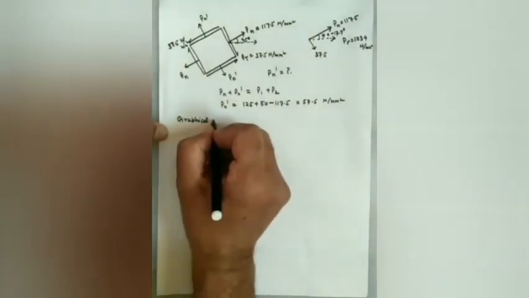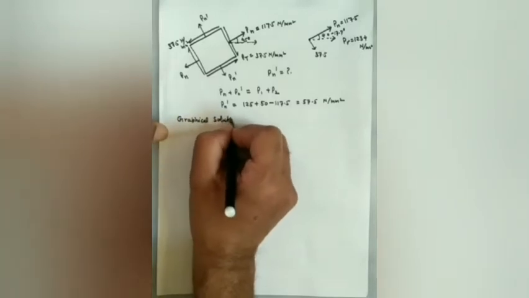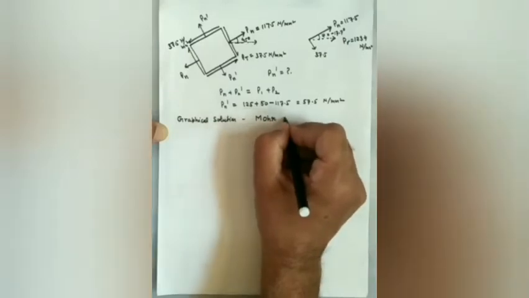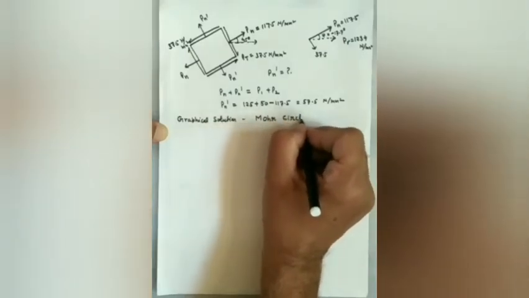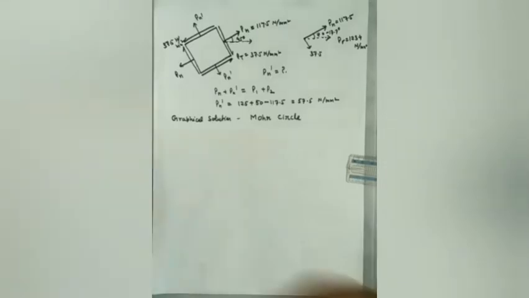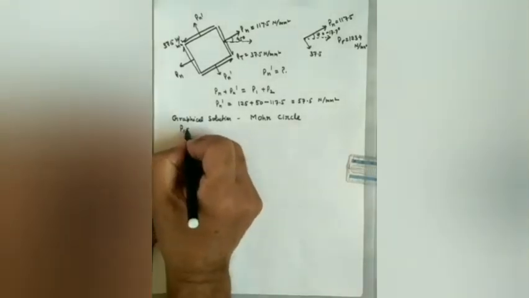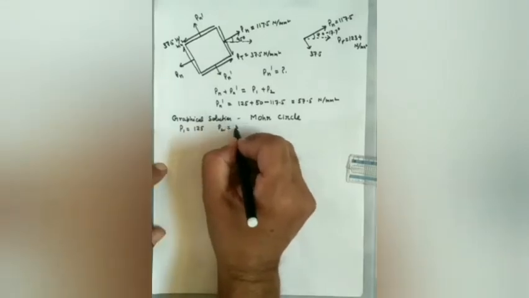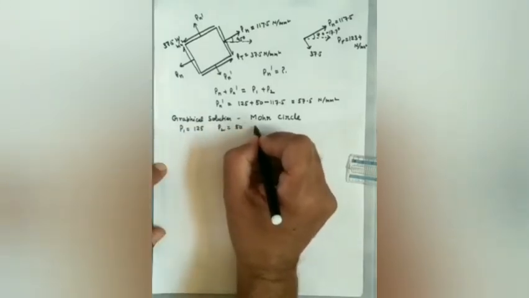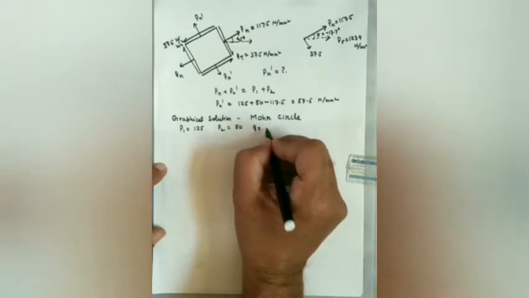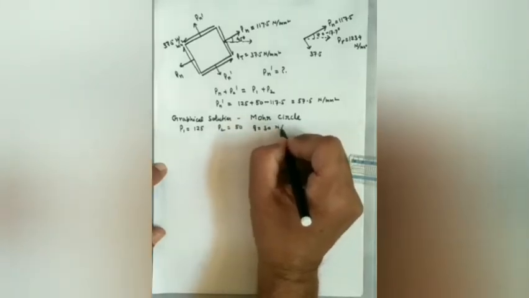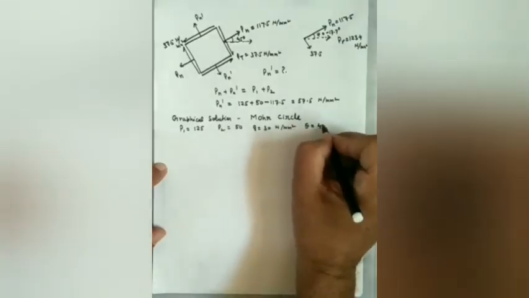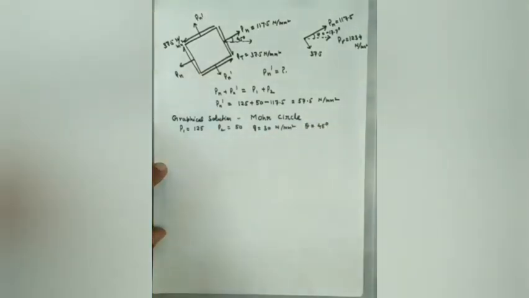Now let us solve this problem graphically. The graphical solution is also called the Mohr circle solution. Let us recall the values. P1 is equal to 125 Newton per mm square, P2 is 50 Newton per mm square, Q is 30 Newton per mm square, and theta is 45 degrees.